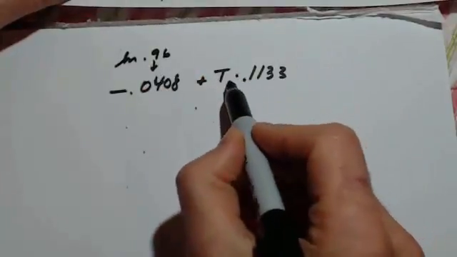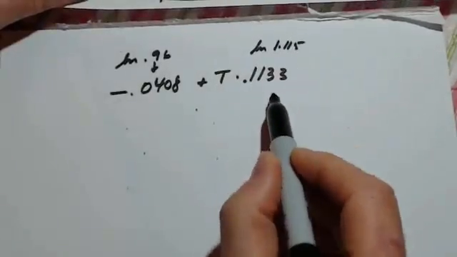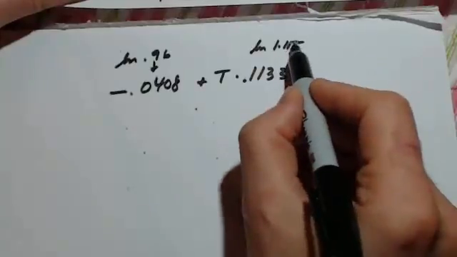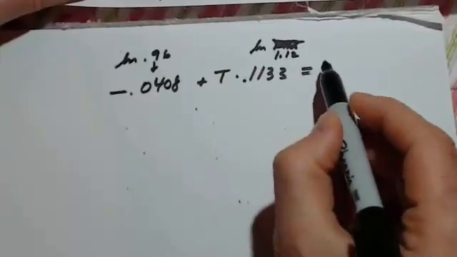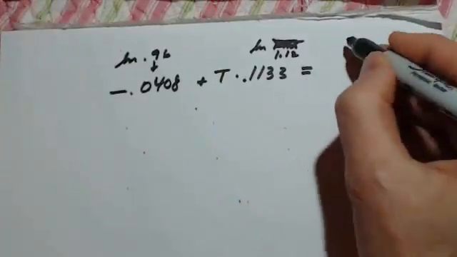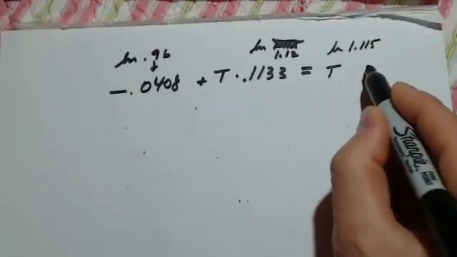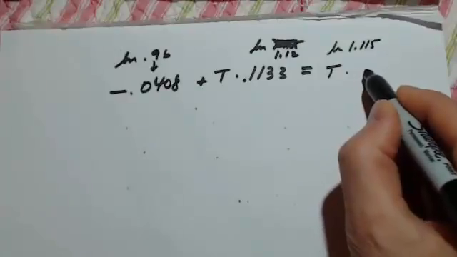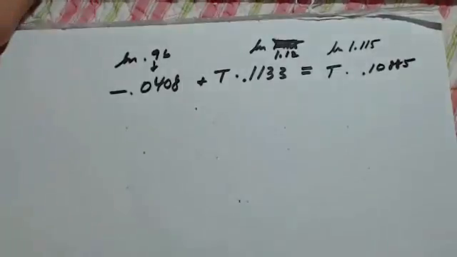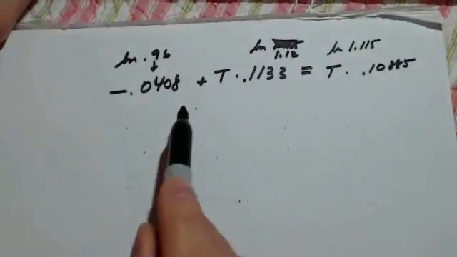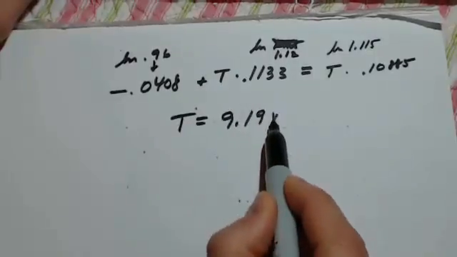The T comes down in front, and this is the log of 1.12. Is this equals, take the natural log of 1.115, and put the T in front of that, and that'll equal the log T times 0.10885. Okay, now solve for T, and that's not too bad. When you do that, T equals 9.19 years.